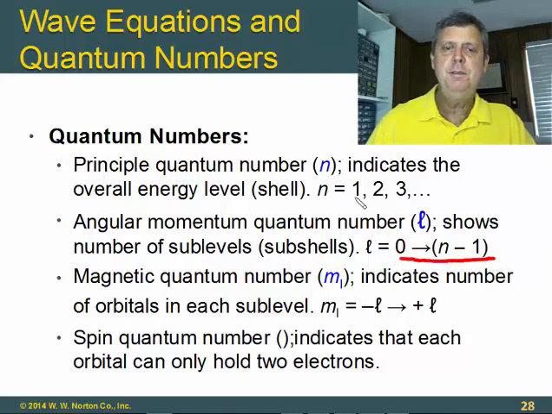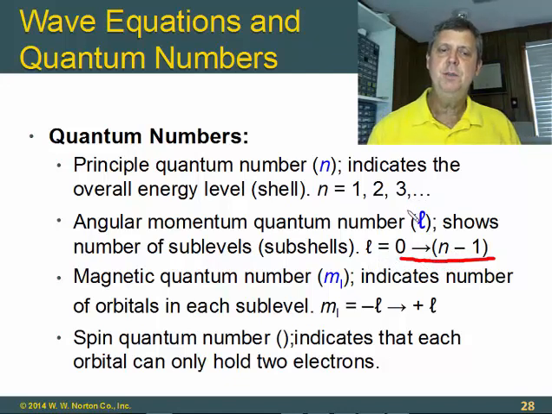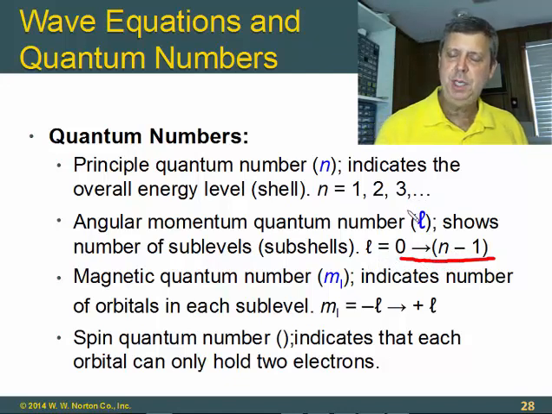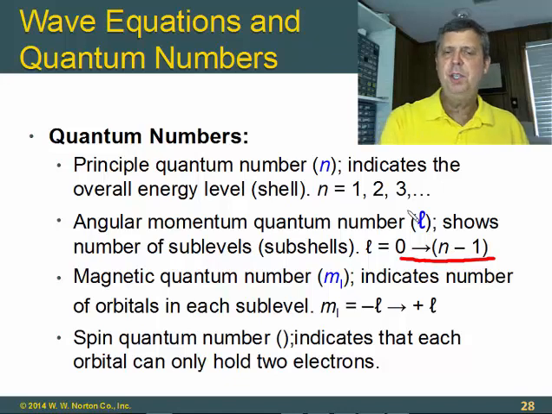What that means is if n equals 1, L can be 0, and that's it. So n minus 1 is 0, so you go 0 to 0. If n equals 3, L goes from 0 to 1 to 2, which is n minus 1. So there are 3 sublevels in the third energy level. It also tells us the shapes of the orbitals, but I think the number of sublevels is probably a little more critical. We'll discuss shapes in a bit.